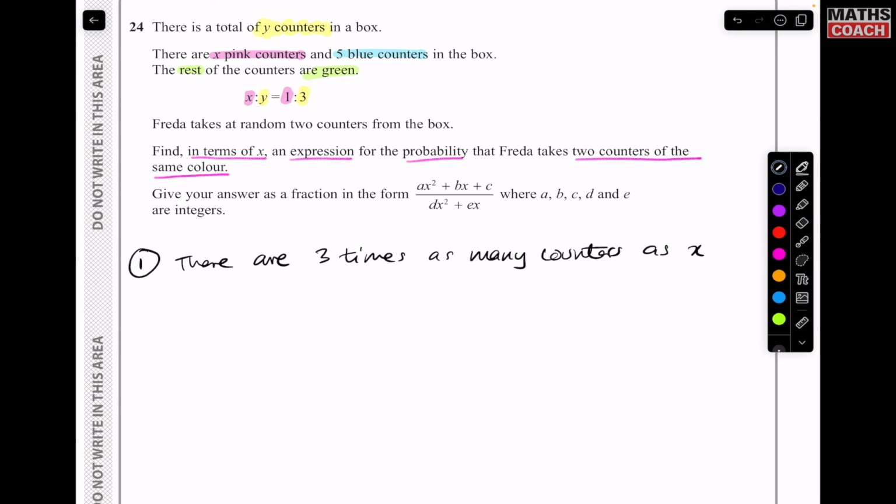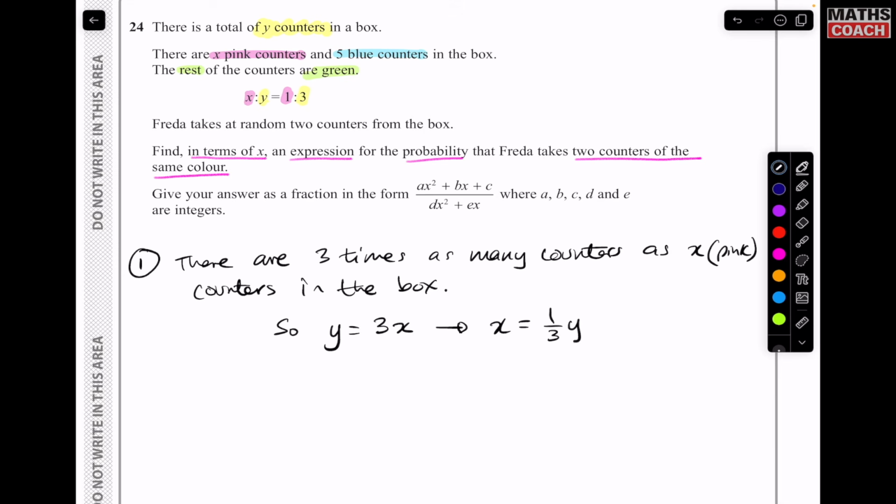So y is equal to 3 times x, or we can rearrange that as x is equal to 1/3 of y. Remember, pink is our x.